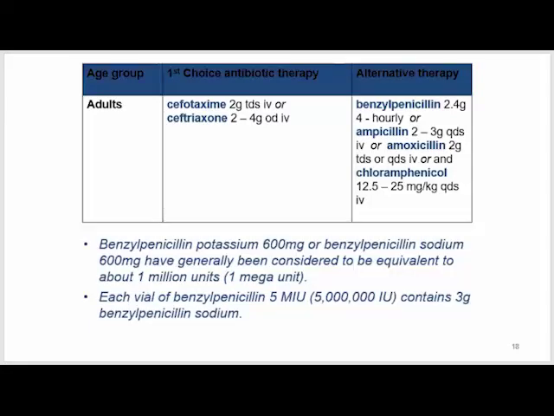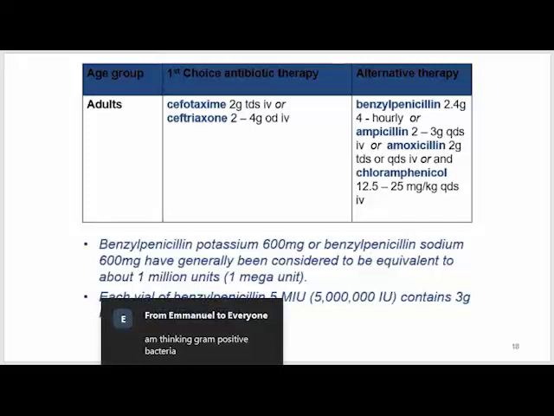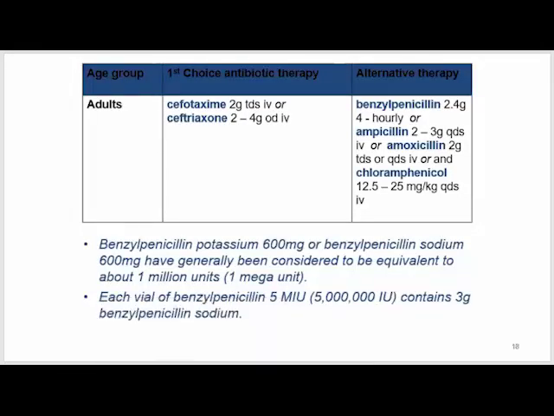For instance, benzylpenicillin potassium 600 milligram, or benzylpenicillin sodium 600 milligram, is generally considered to be equivalent to 1 million units, or 1 mega unit.